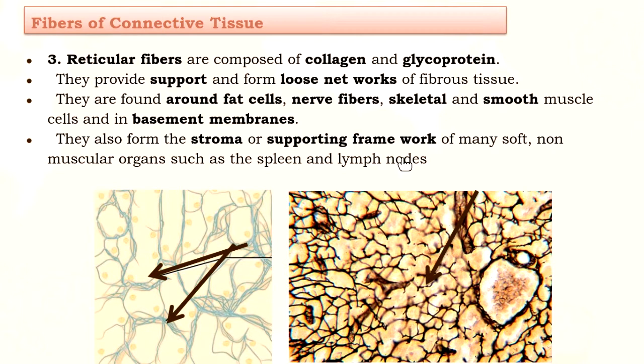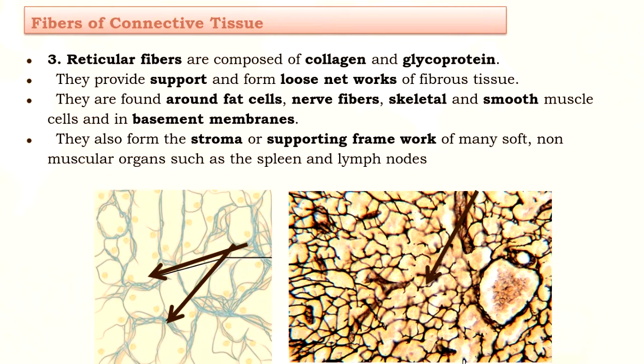That means basically these fibers have the function of providing support and they form the loose network. That is why they are located in the spleen and lymph node and also the basement membrane. Where do we have the basement membrane? In between the epithelium and connective tissue. Now, we have seen three types of fiber.